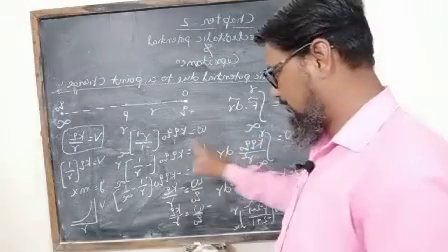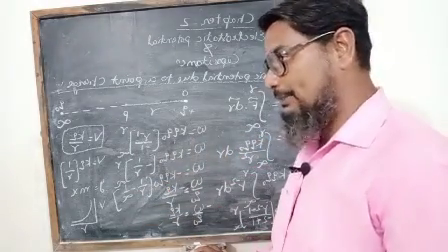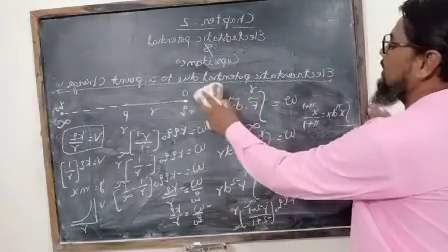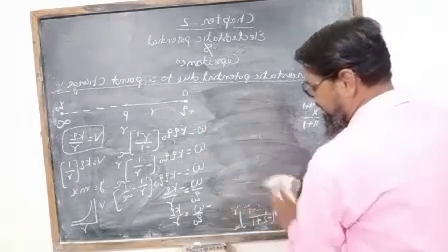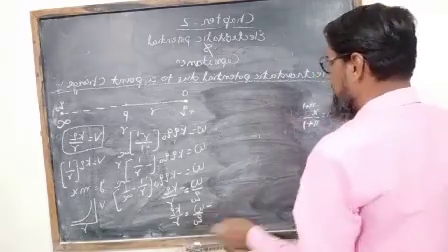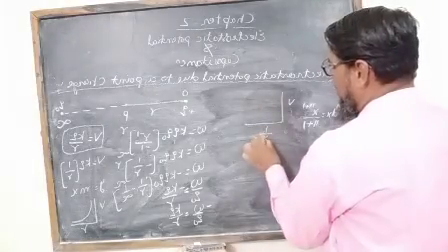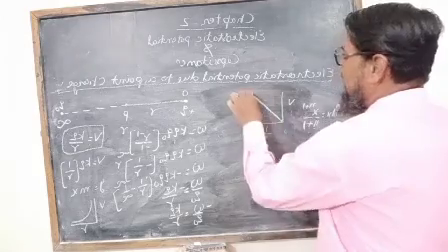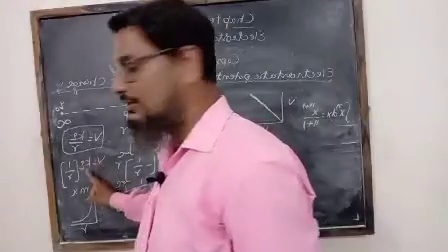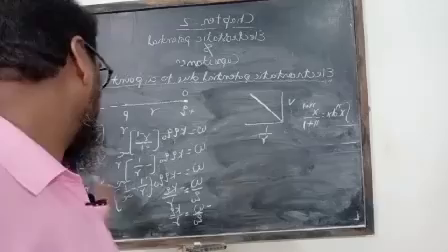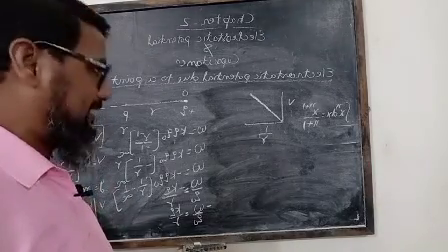V and R is hyperbolic, and the variation between V and 1 upon R will be a straight line passing through the origin, because here V is equal to KQ into 1 upon R, or Y is equal to MX.